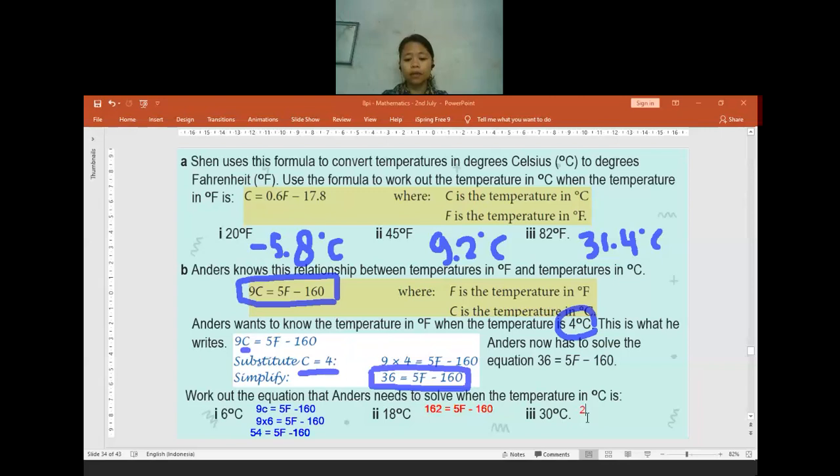Yes, it will be 270 is equal to 5F minus 160. Is there anyone who is confused, or maybe I go too fast? No confusion? Okay. If no confusion, I think that's all for today's class.